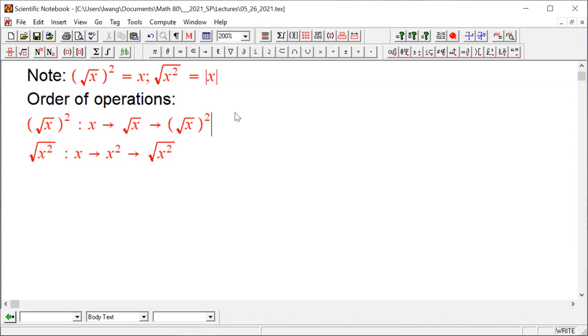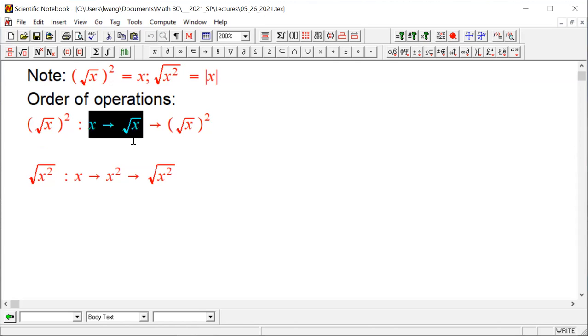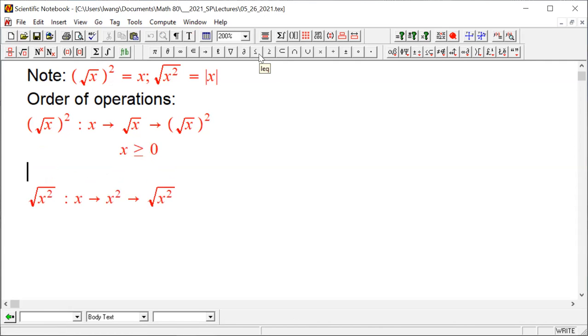This difference in order of operations makes a big difference. Because of this, on this step, in order to make sure we can take the square root of x and still stay in real numbers, we have to require x is greater than or equal to 0. Okay, so that caused the domain.